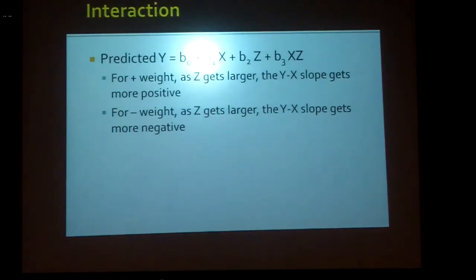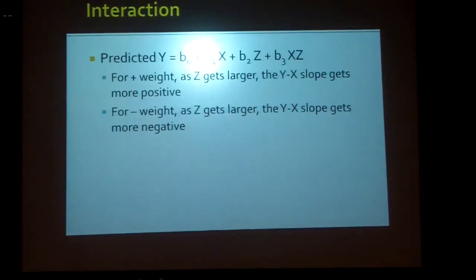So you cannot think of these two as main effects because these beta weights are really what happens to X when these are 0. They're not the average way in which Y and X or Y and Z are connected. They are the way in which they're connected if you zero out the other two.